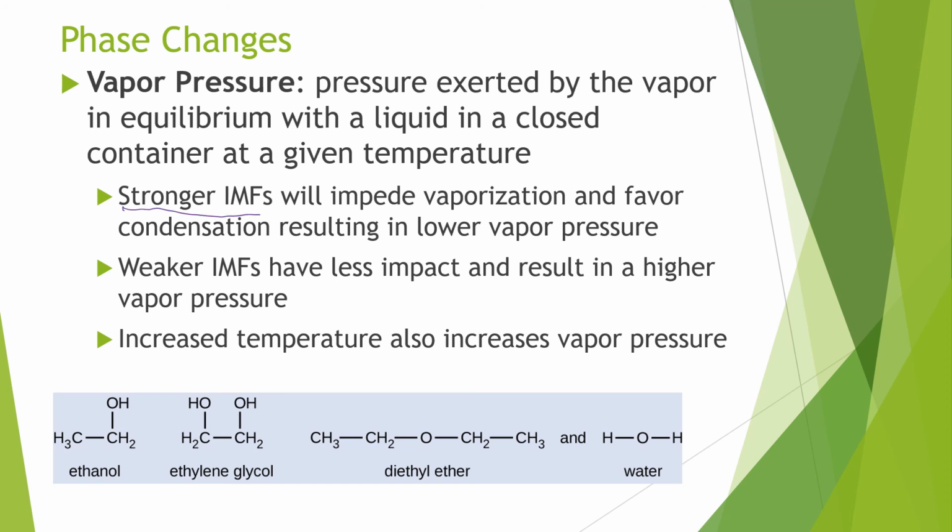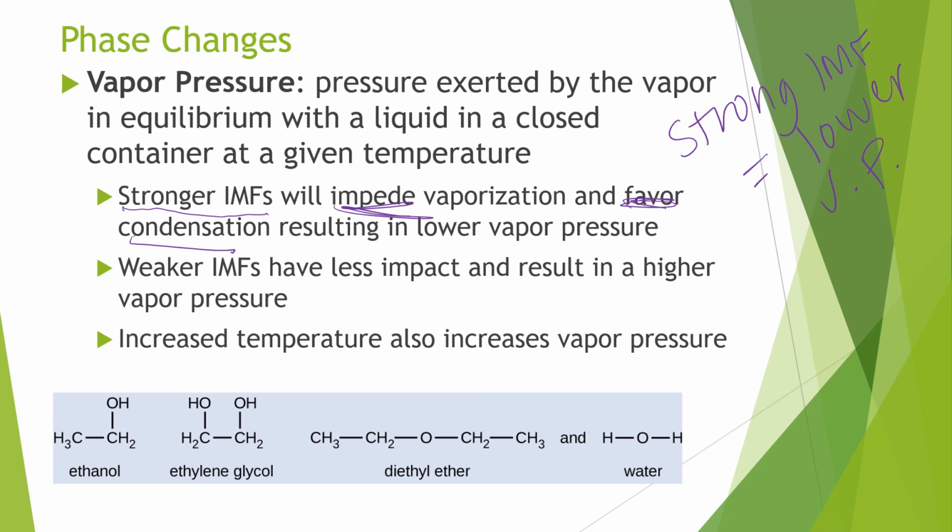So stronger intermolecular forces are going to impede vaporization and favor condensation. So if I have really strong intermolecular forces, strong intermolecular force equals lower vapor pressure, because molecules don't want to vaporize.